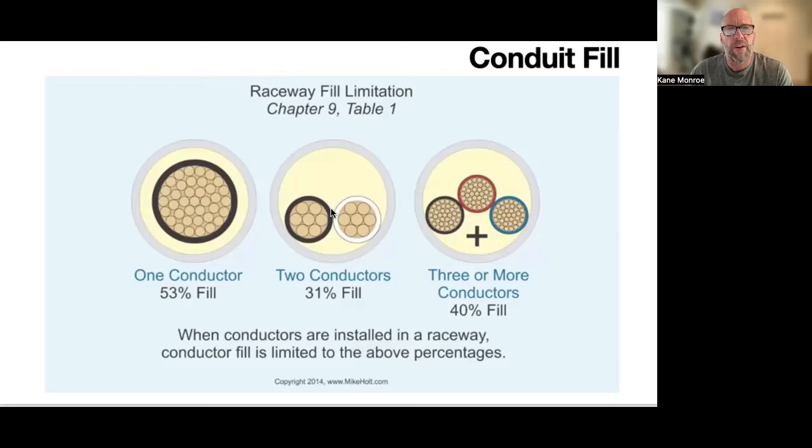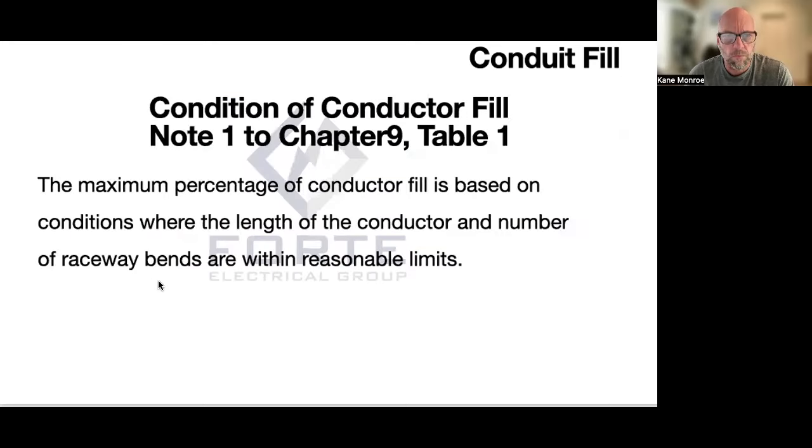Well, they have figured out that if you're only pulling 2 conductors, the possibility of jamming your wire or not being able to pull it is greater with only 2 conductors than it is with 3. So your surface area is getting caught up. So at 2 conductors, you only get 31%.